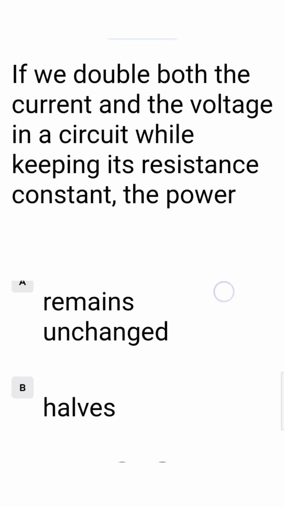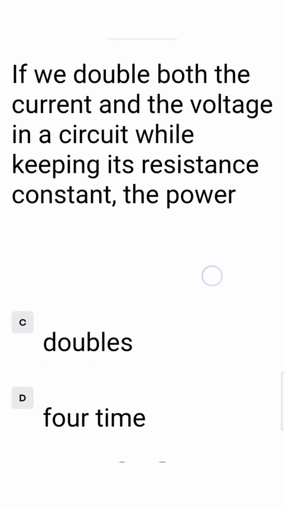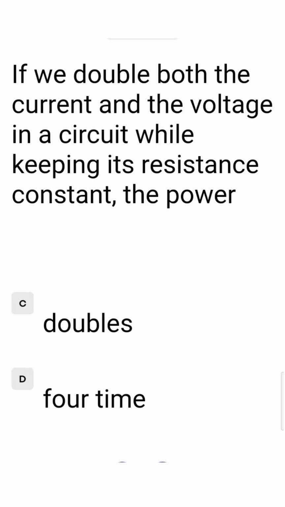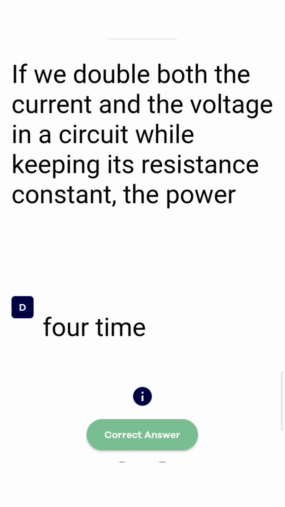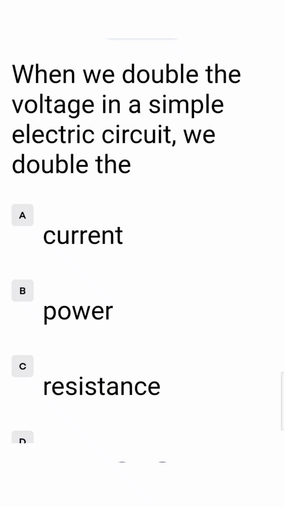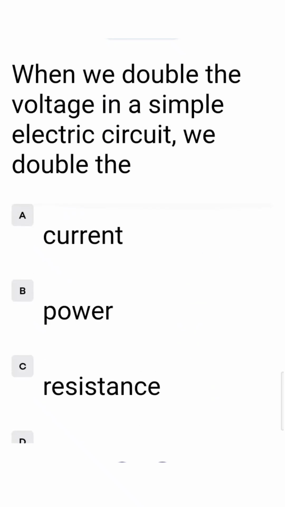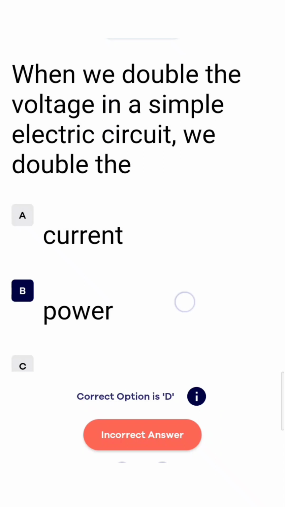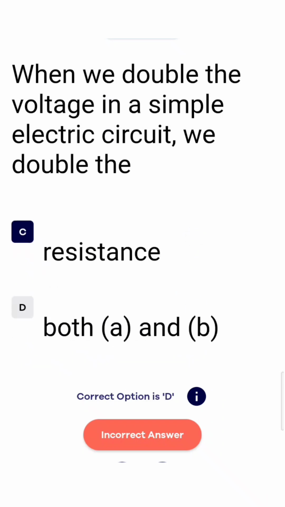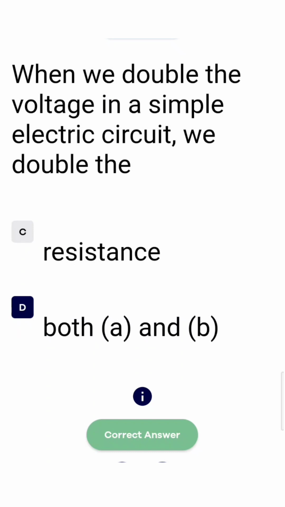Option A remains unchanged, B halves, C double, D 4 times. 4 times is the correct answer, that is in option D, so we tick at option D. When we double the voltage in a simple electric circuit, we double the: option A current, option B power, C resistance, D both A and B. Option D is the correct answer, students, so we tick at option D.